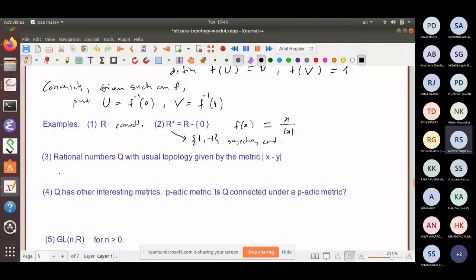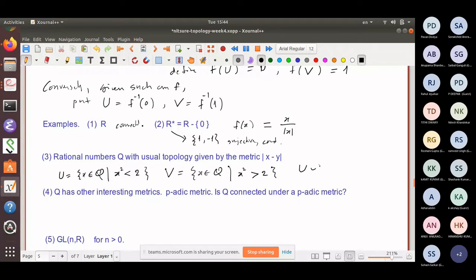Yes. So let U equal to set of all x belonging to Q such that x square is less than 2. And V equal to set of all x belonging to Q such that x square is greater than 2.